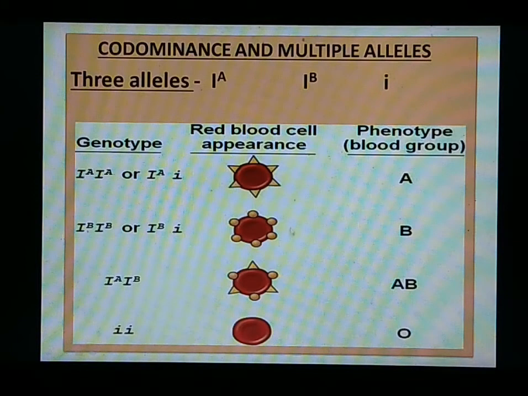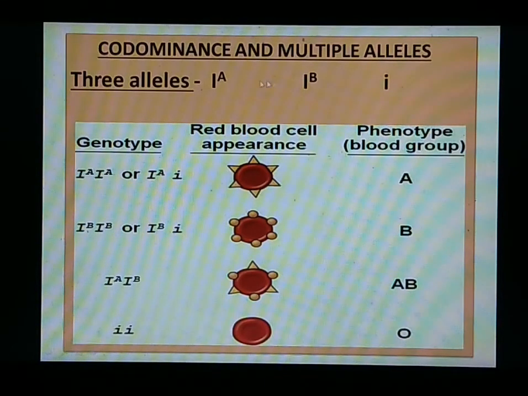So if you see here, both A blood group and B blood group have different kinds of sugar polymers. Okay, but in AB blood group we see both kinds of sugar polymers protruding out of the cell membrane of these RBCs, whereas the RBCs of O blood group do not have such sugar polymers. So we have to remember this.